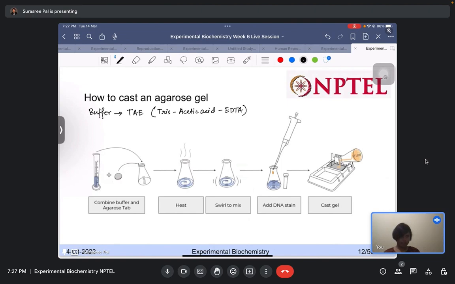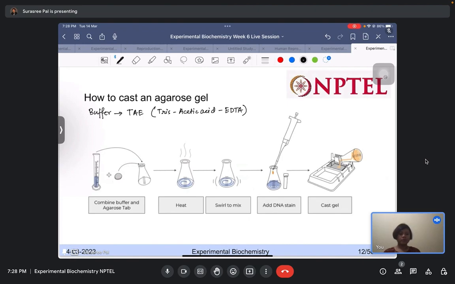Why is EDTA used? Because EDTA is a chelating agent, and it can chelate ions, for example magnesium ions or zinc ions, and it does not allow any nuclease or protease to function. That is why EDTA is added in this TAE buffer.